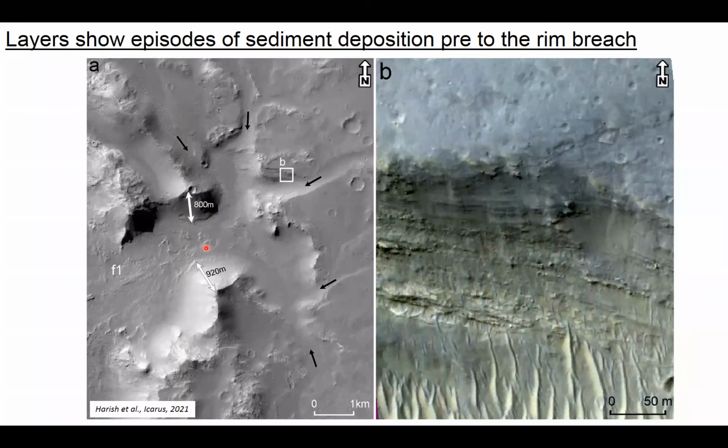That means a huge amount of sediments has to be there. When we looked in detail at the stratigraphy adjacent to this rim breach area, we observed layered sediments. This gives evidence that deposits are happening from the crater wall, and they point towards this part from different channels. This is the point where it got breached, and once it had breached, the fan started forming.